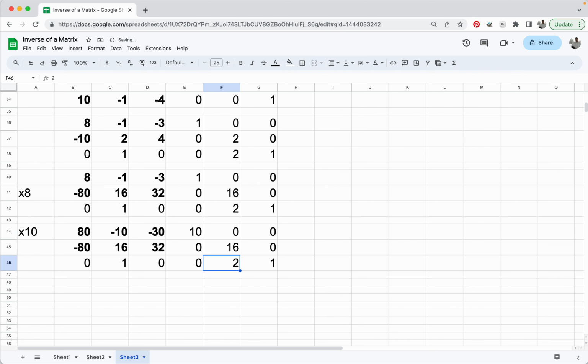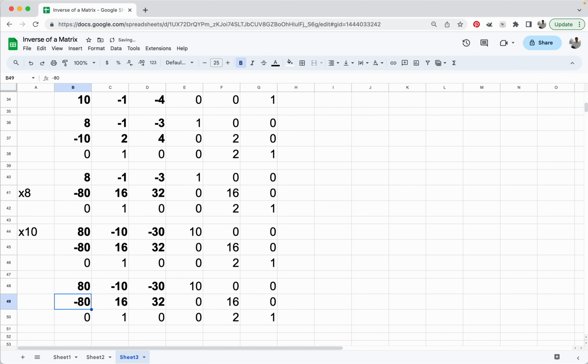Okay, now I'm going to add row 1 and row 2. So I copy as is, row 1, and row 1 plus row 2. Minus 10 plus 16 is plus 6, plus 2, simply write 2, 10, 16, 0.